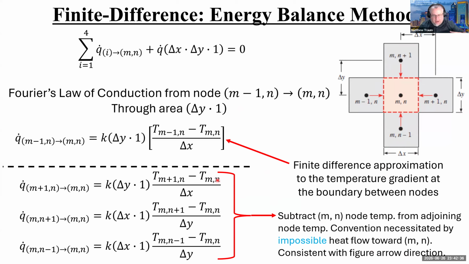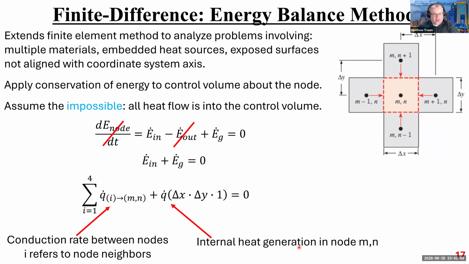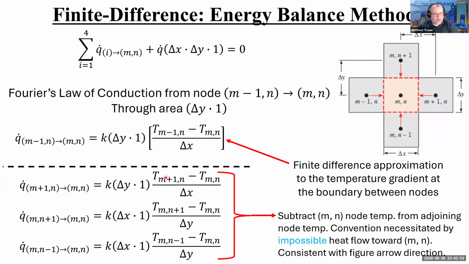We just assume that everything is coming in, and the numbers will work out on their own, provided we stick with the same convention. The reason we did this is to make the math really simple. We end up with basically the same expression repeated 4 times, and the signs will work themselves out in the next step.